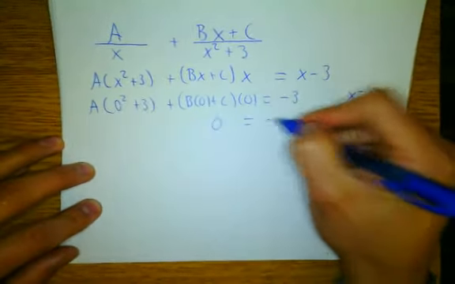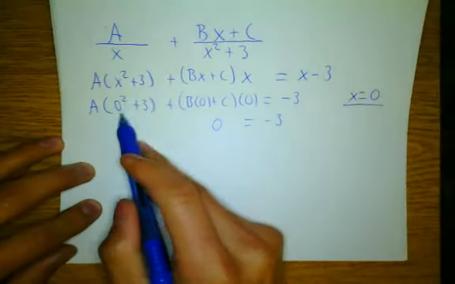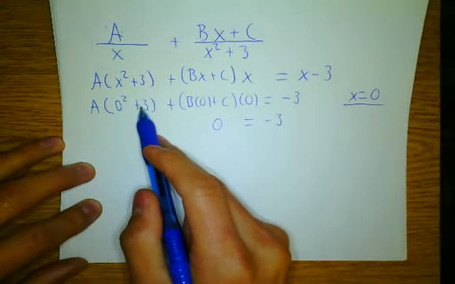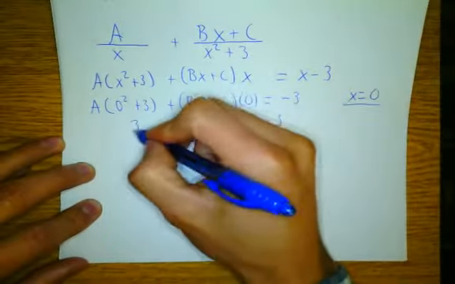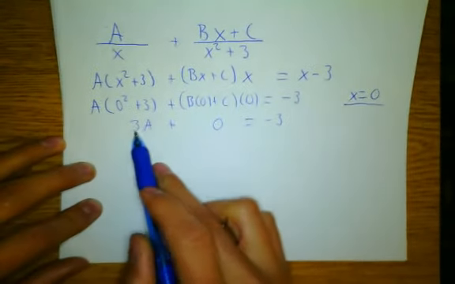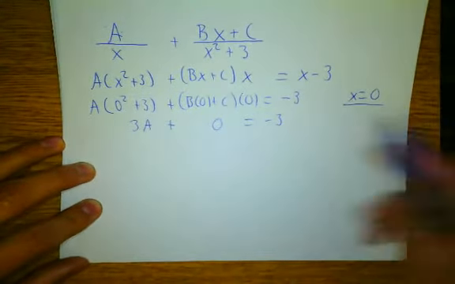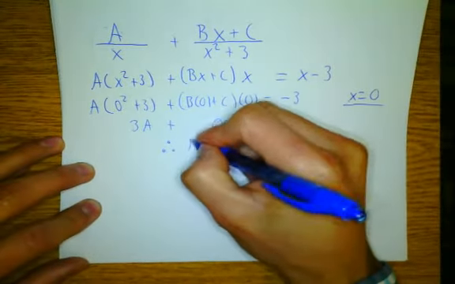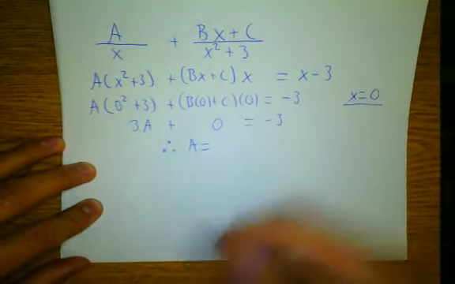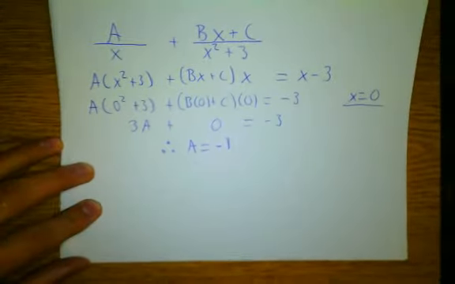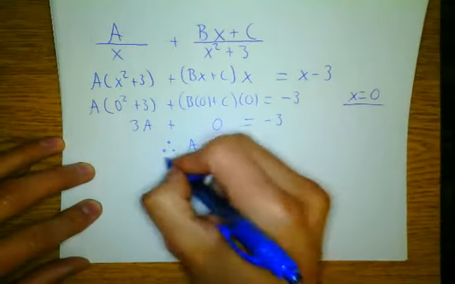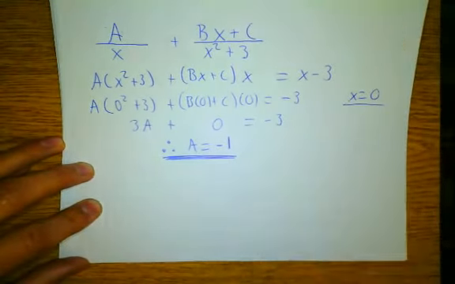So the negative 3 drops there. 0 squared is 0 plus 3 is 3. 3 times a is 3a, which means that 3a plus 0 equals negative 3. Therefore, a is equal to what? Negative 1. Agreed? So I have one of my values, so I'm going to either highlight or underline it so I don't lose it.